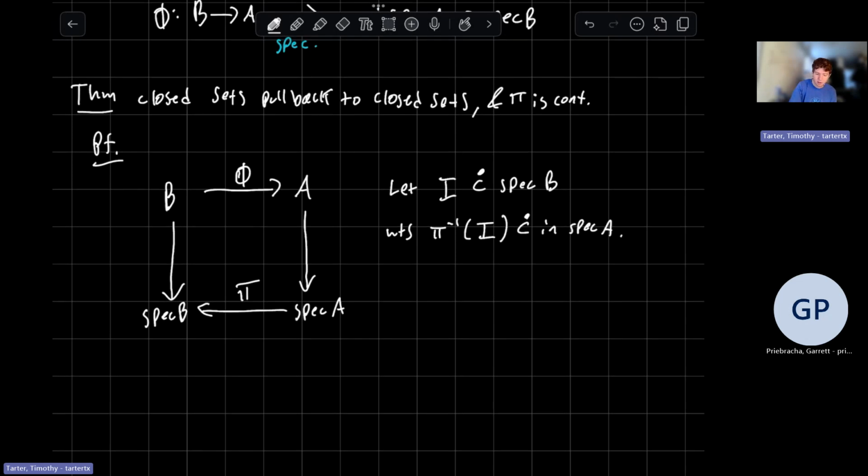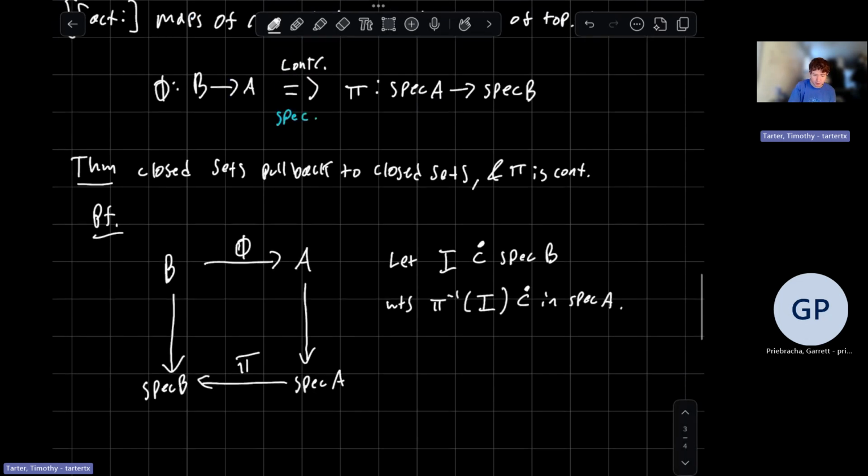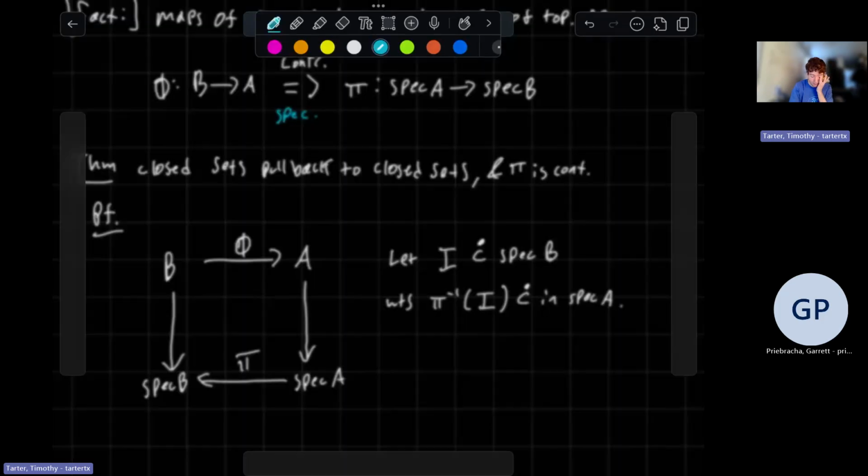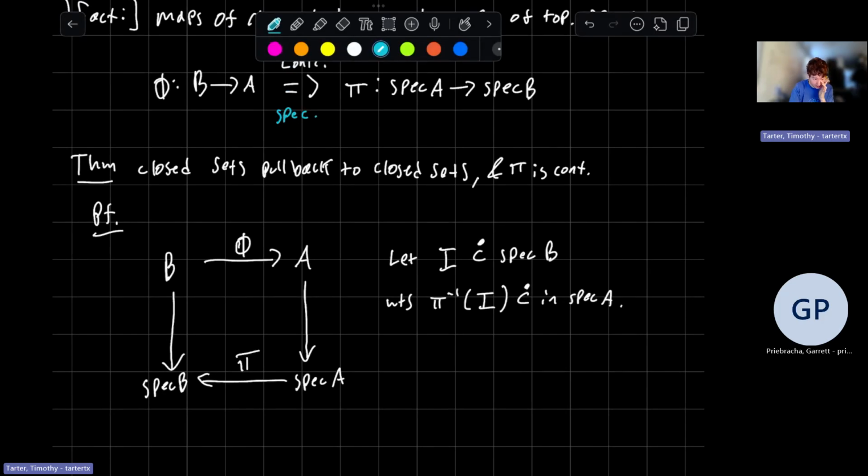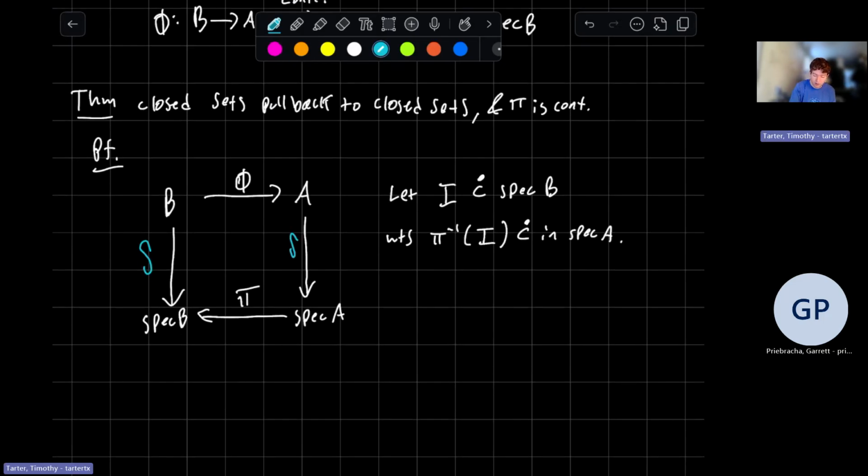And then as a functor, I'm just gonna do like a cursive S, right? So we can take the inverse functoriality of I is closed in B because that's how functors work.